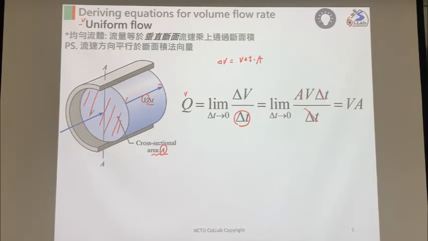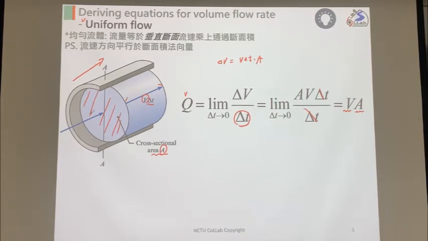So finally, the discharge is equal to the velocity multiplied directly by the cross-section area. The idea is very simple: if you have the flow velocity and the cross-section area, you just multiply the velocity by the area and it equals the discharge. But this is based on assumptions.